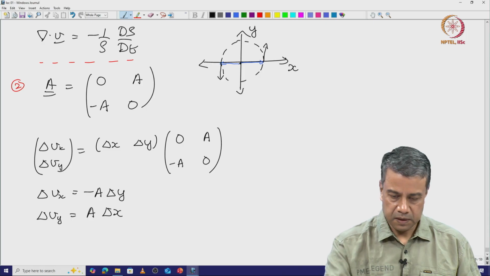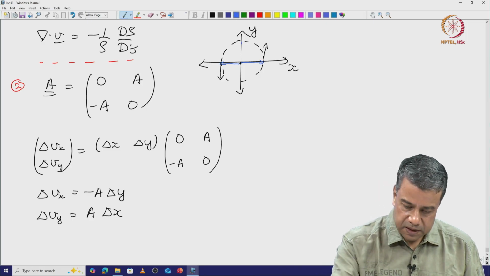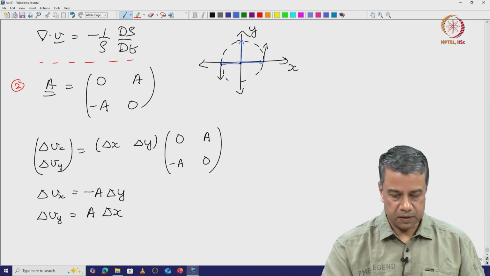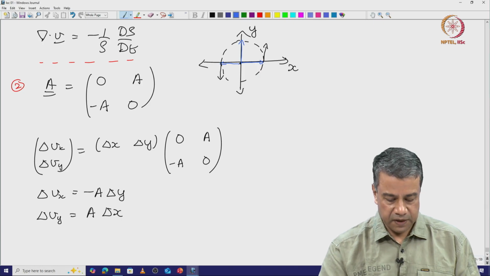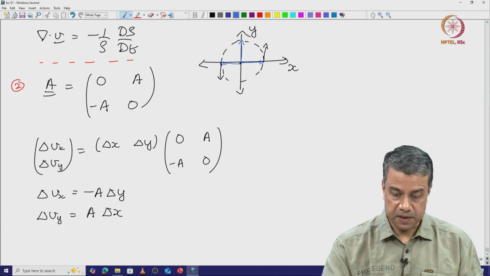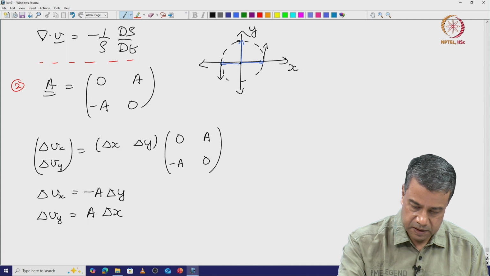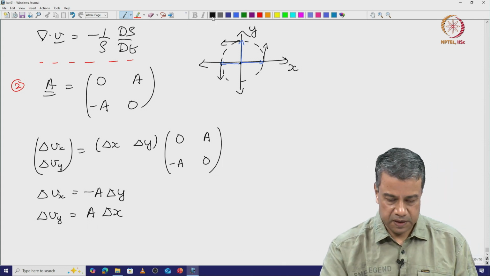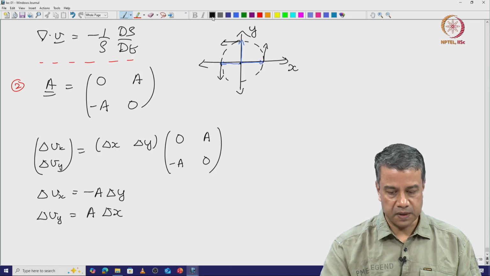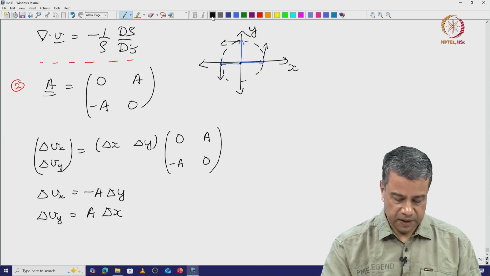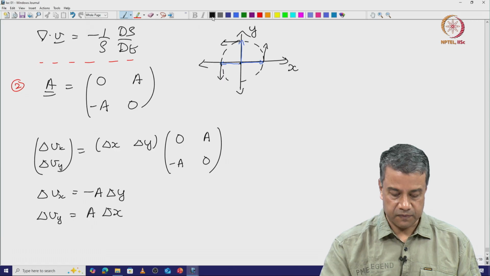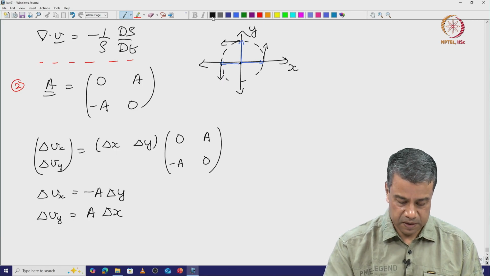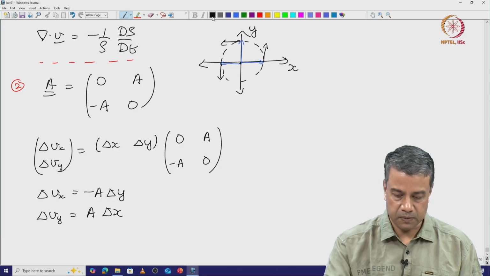If I go a small distance delta y in the y direction along the y axis, delta V x is equal to minus a times delta y. So, delta V x is in this direction. And if I go a small distance delta y in the minus y direction, then delta V x is positive, because minus a times delta y is negative.